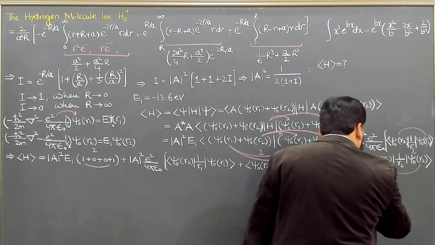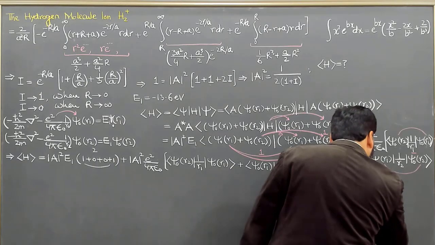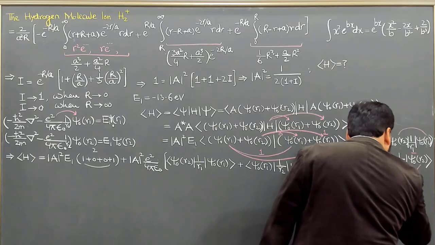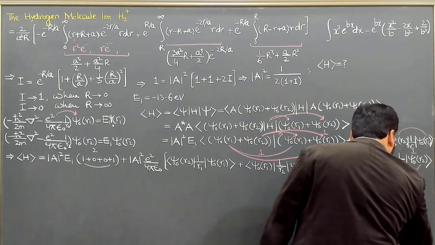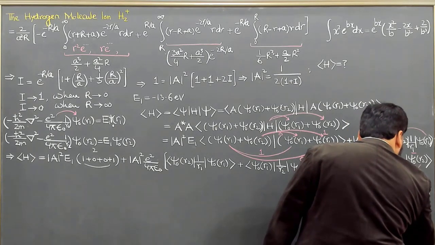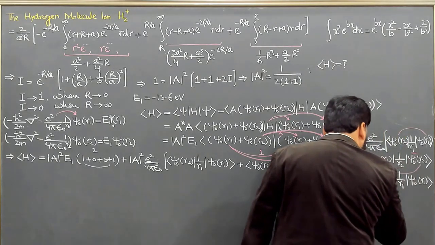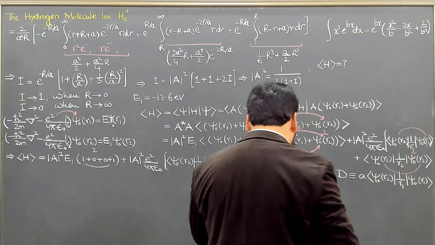So A, and then psi naught R2, and 1 over R1 psi naught R1, in bracket notation.